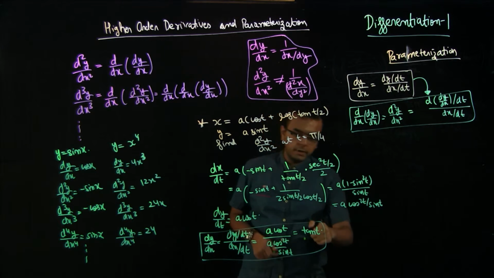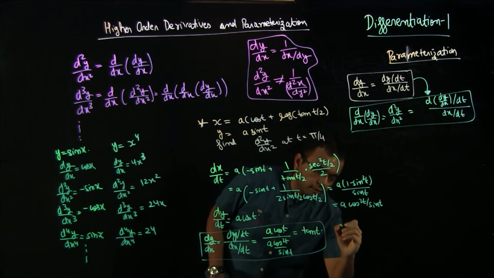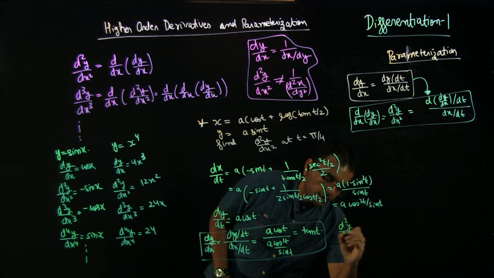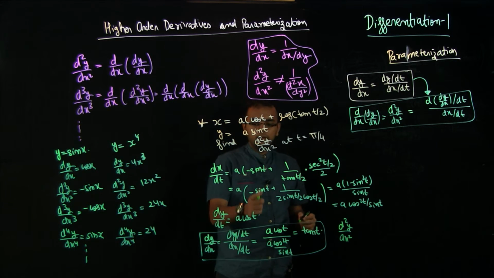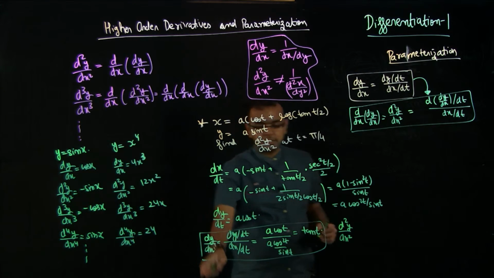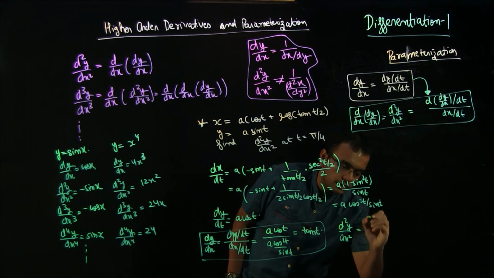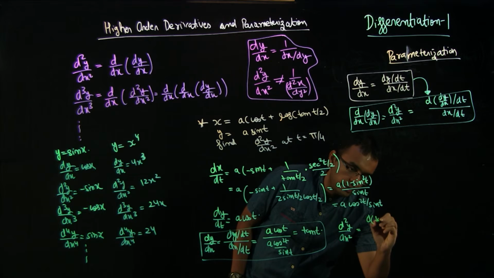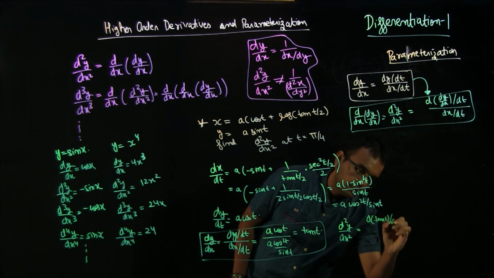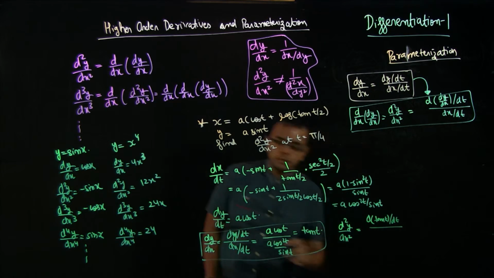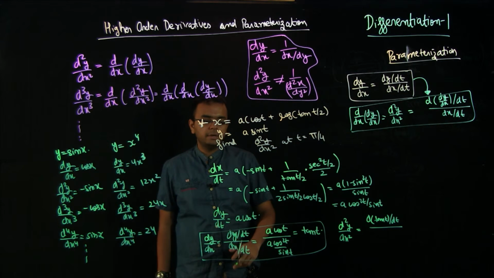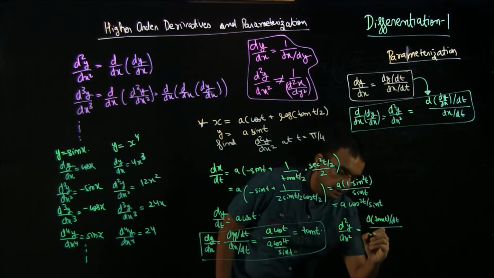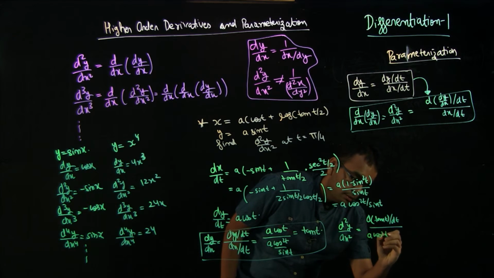So now if we want to find d square y by dx square, then we have to differentiate dy by dx with respect to t. So this is d of tan t by dt, because this is dy by dx, divided by dx by dt, which we already know is a cos square t by sin t.